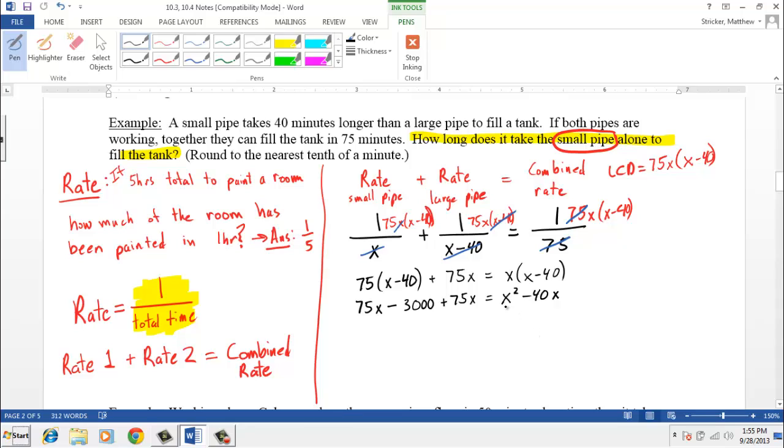And now we say, it's a quadratic, so we got to get everything on one side. And we know that the left-hand side becomes 150x minus 3,000.